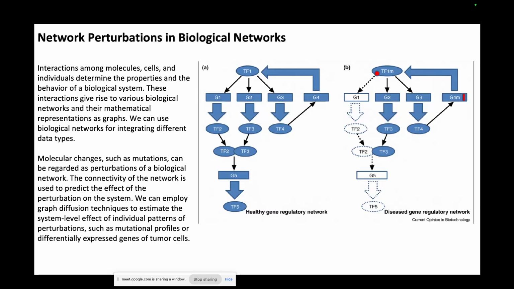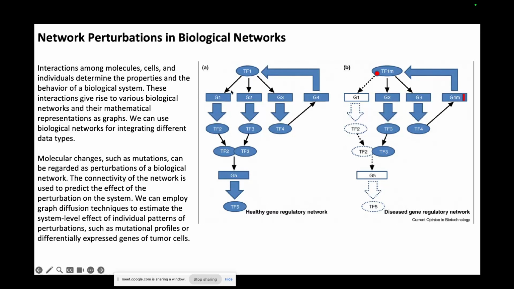So molecular changes, which in many cases will be mutations, can be regarded as perturbations. If you assume a gene-gene interaction network or a gene-protein or gene-disease interaction network, mutations are what cause these perturbations. For example, take this particular network. This is a transcription factor that is connected to three other genes, and if there is one mutation here, this connection gets lost.